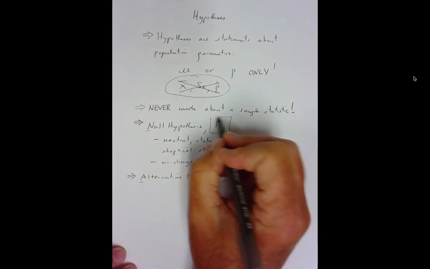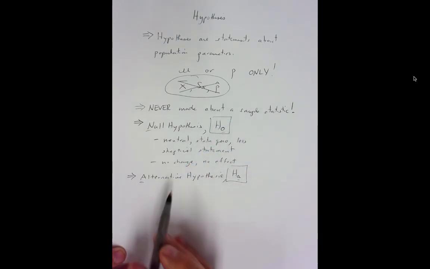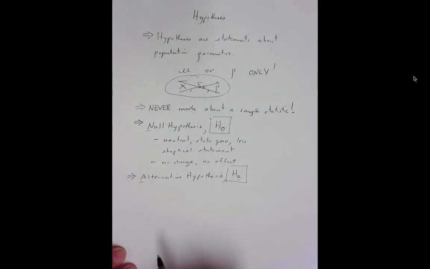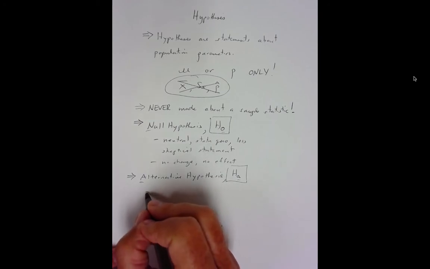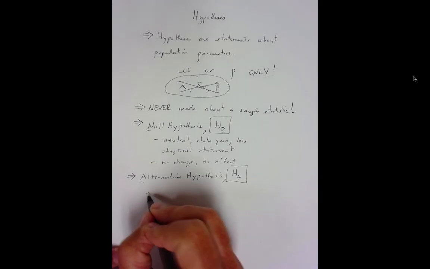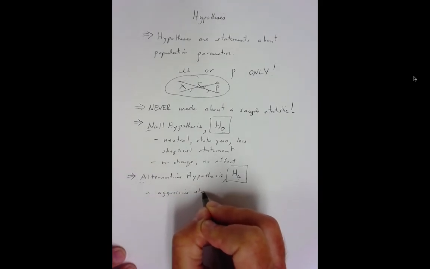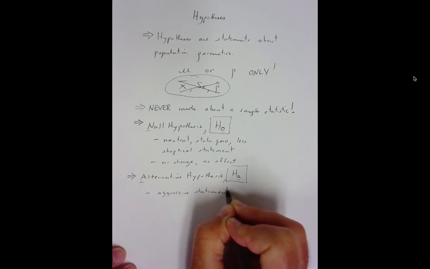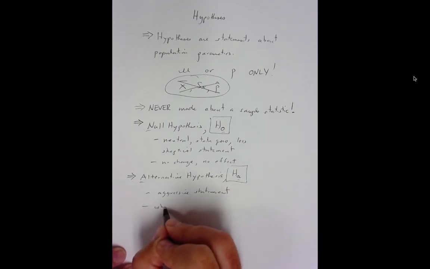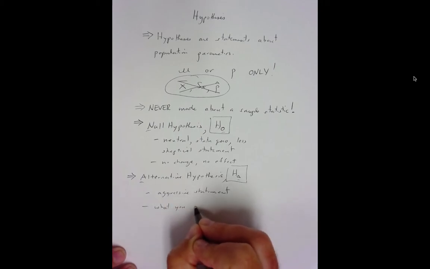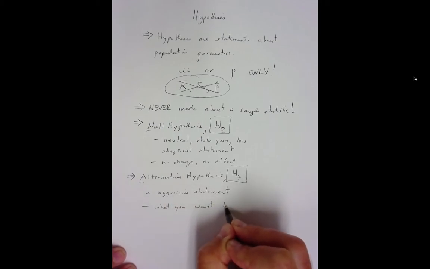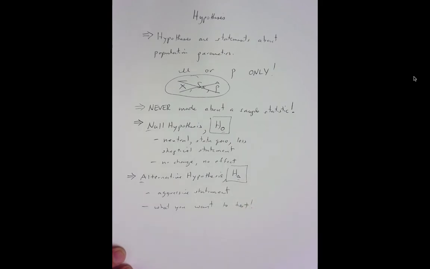The notation that we have here are H sub O and H sub A for the 2 hypotheses that fall under our global heading of statistical hypotheses. So this is what I think the more aggressive statement, and ultimately, what you want to test. So that's the alternative hypothesis.